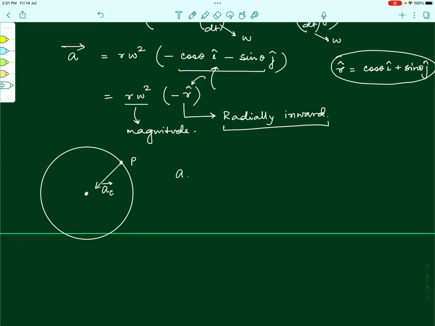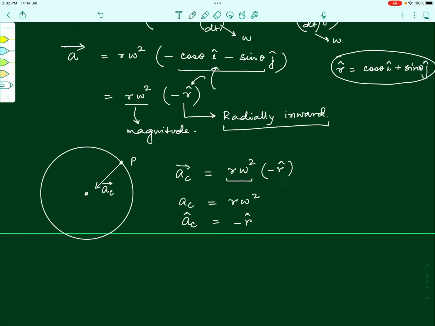So we can write the vector AC as r omega squared into minus r cap. This is the magnitude, so we can write the magnitude of AC is r omega squared, and the direction of the centripetal acceleration is opposite to the radially outward direction, that's the radially inward direction, right?